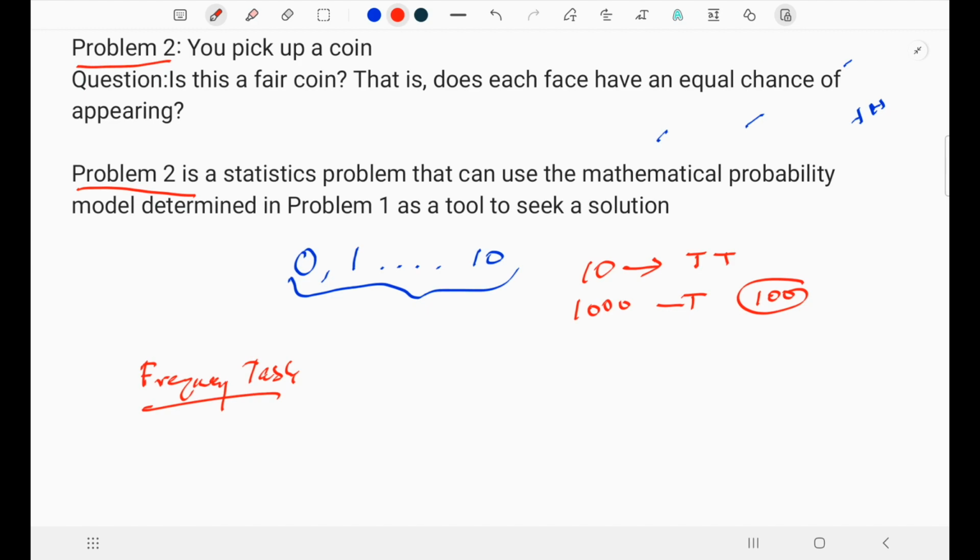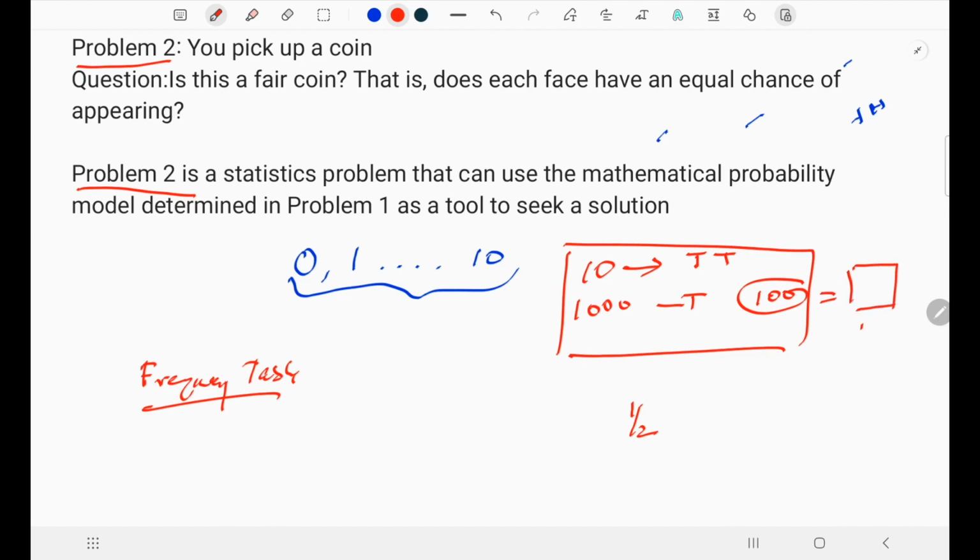First, mathematically you can derive this equation. Suppose for one coin the probability of getting a tail is 1/2. If I toss the same coin 10 times, what is the probability of getting a tail? Do it mathematically and you will get some answer.